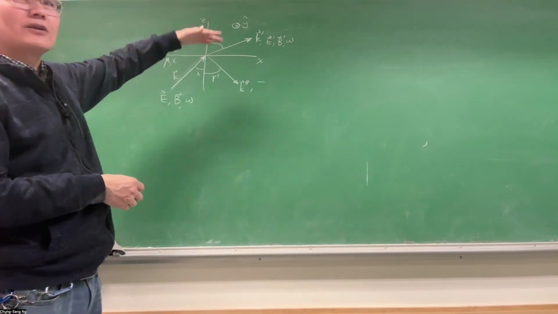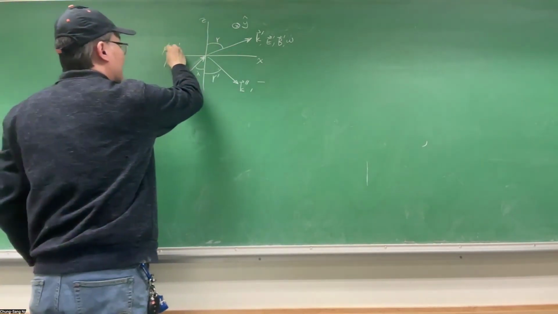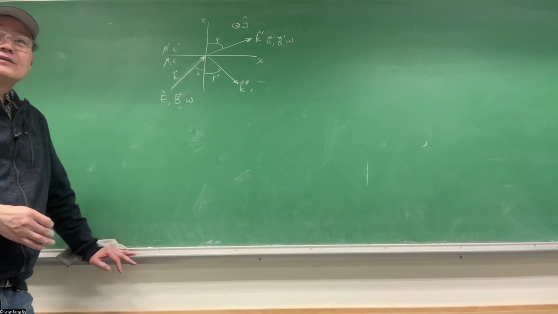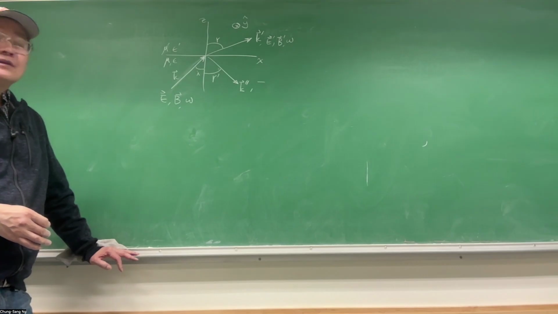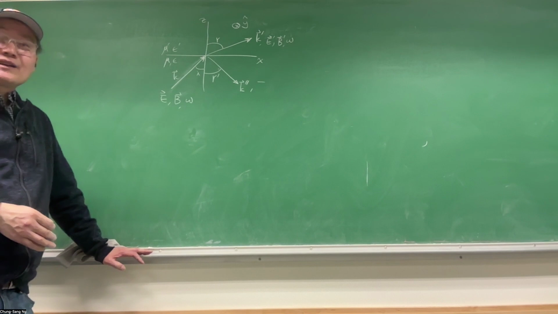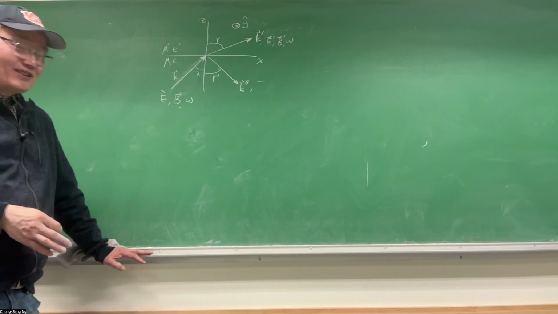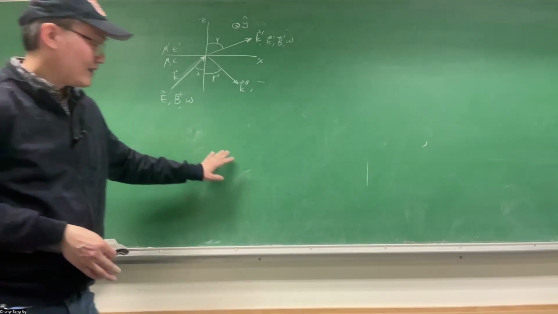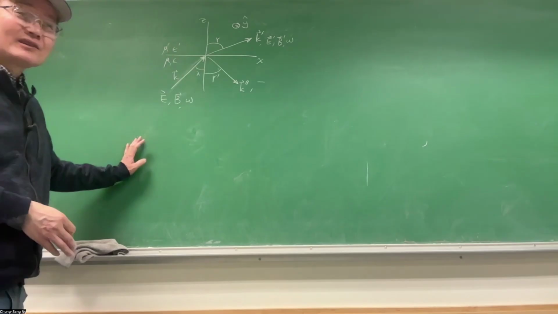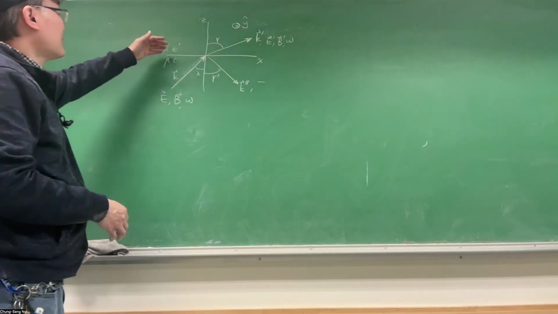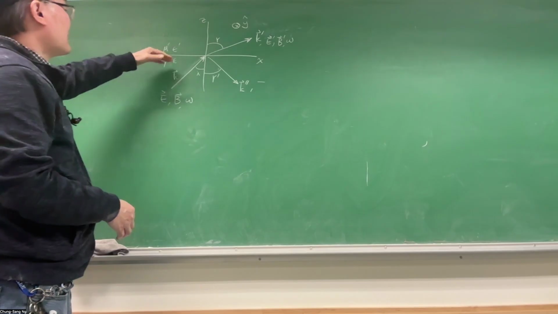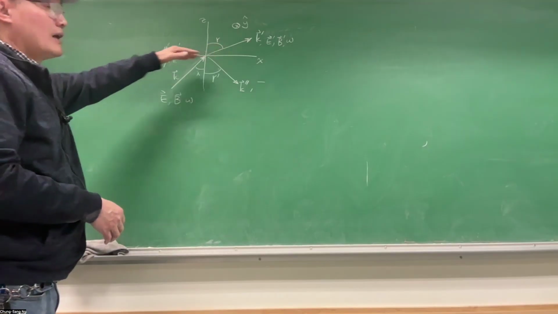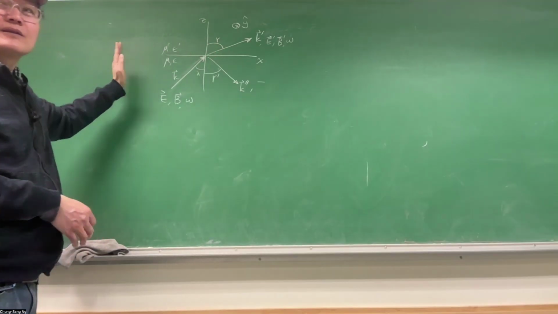Because it is all reflected from this interface, an infinite plane at z equals 0, shouldn't the incident and the reflected angle be the same? Yes, but we need to derive that. This is just to show you how to derive that. You derive it by matching boundary conditions. You have two media, so you need to match the boundary conditions of all these electric and magnetic fields along the z equals 0 plane.